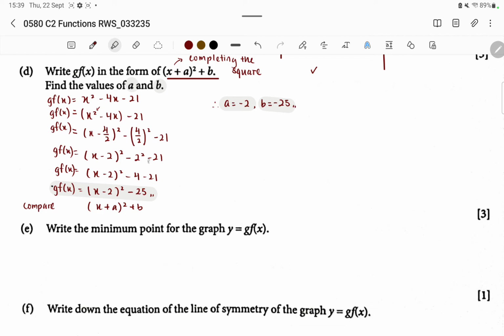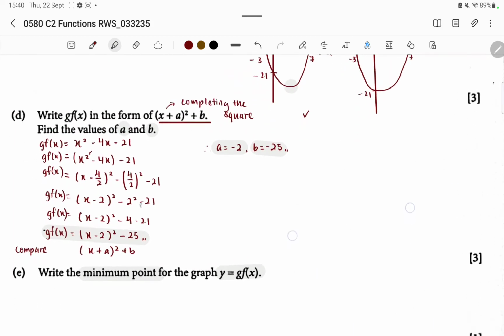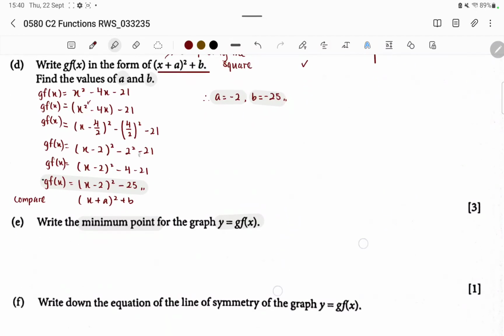Then let's look at E. Write the minimum point for the graph y equals gf(x). So the minimum point should be over here.